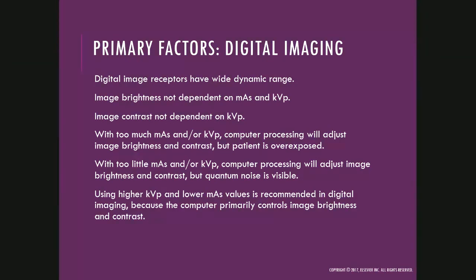Because when the tech comes behind you, say you pull up your computer workstation to do a wrist, and it pops up at 60 at 2. And you changed it and put 70 at 1 because you have learned that a higher kVp and a lower mAs is better for your patient dose.